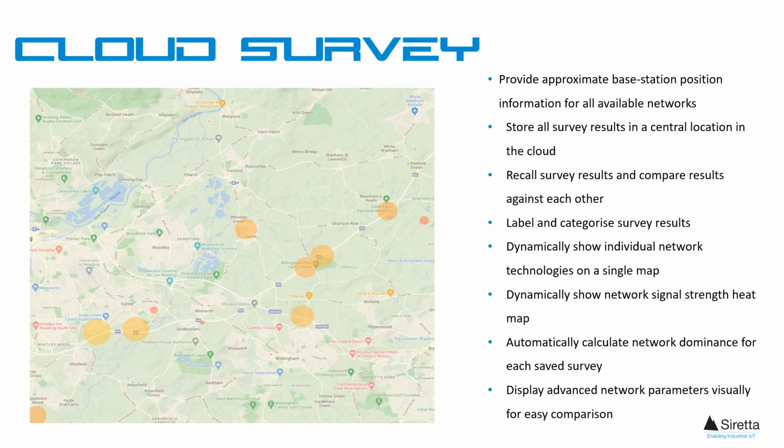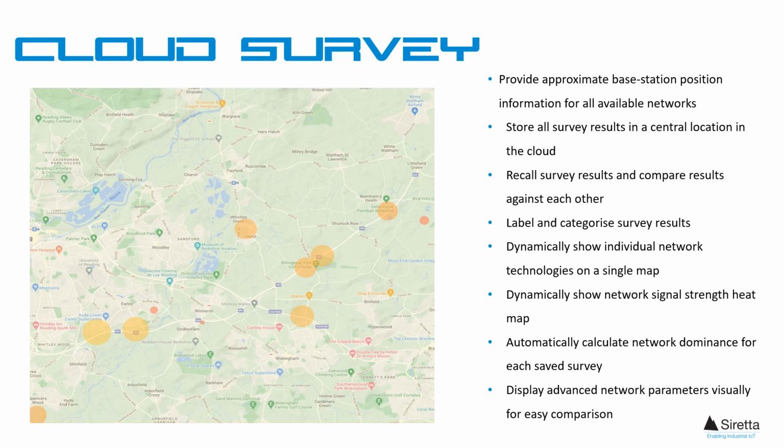The Cloud Survey portal simultaneously calculates the entire available network resources in the area where the survey was performed and displays the relative dominance of each mobile network operator. This allows you to make an informed decision about the optimal cellular network, taking into consideration network technology, network reliability, average signal strength, base station position, and network density.